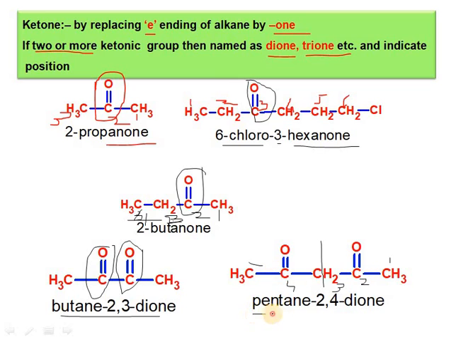Firstly, you write the name of the alkane, pentane, and the second and fourth positions have the ketonic groups. So 2,4, and two ketones, therefore di, O-N-E, dione. So the correct name is pentane-2,4-dione.